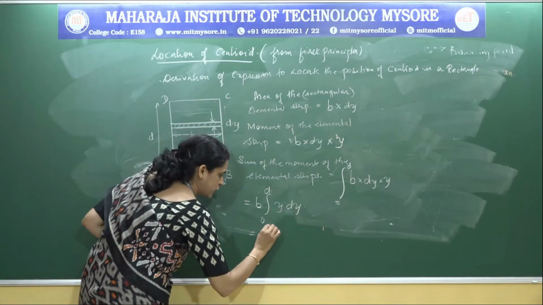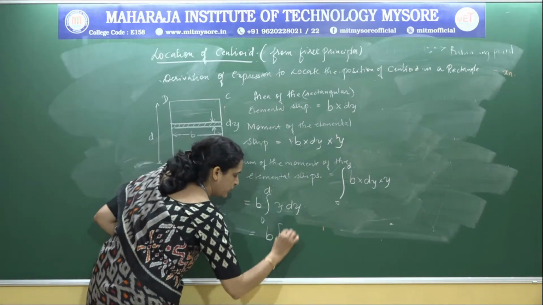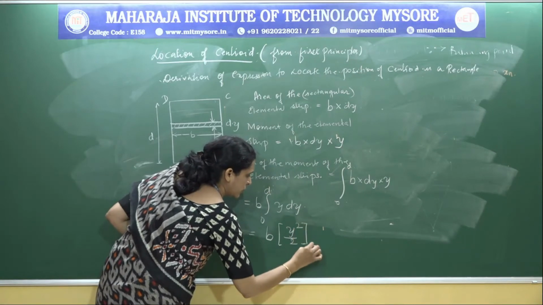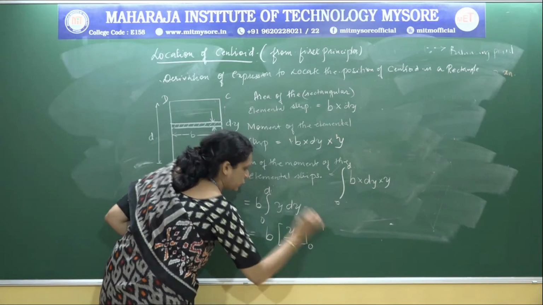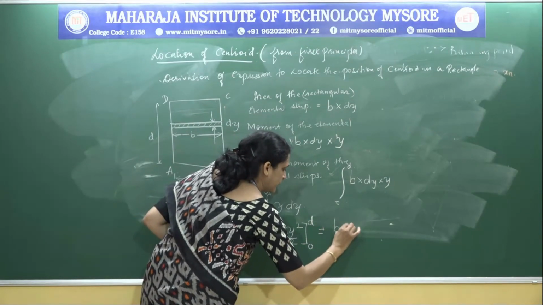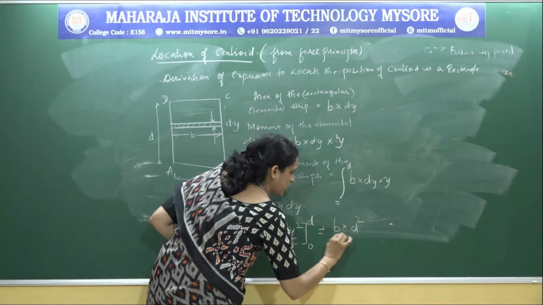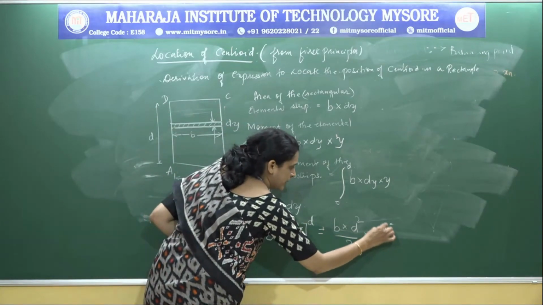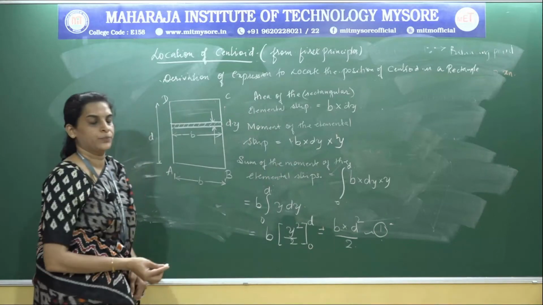So upon integration, it is B into y square by 2 from the limits of 0 to d, that is equal to B into d square by 2. So let this be equation 1.